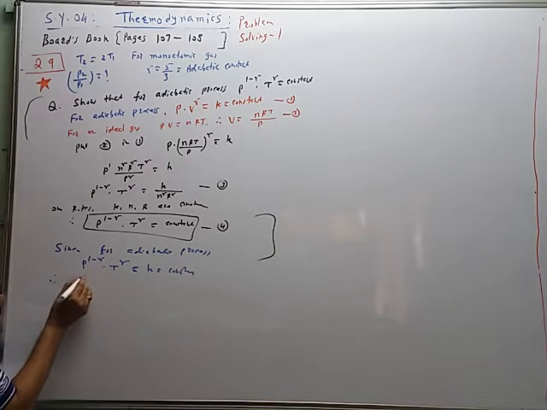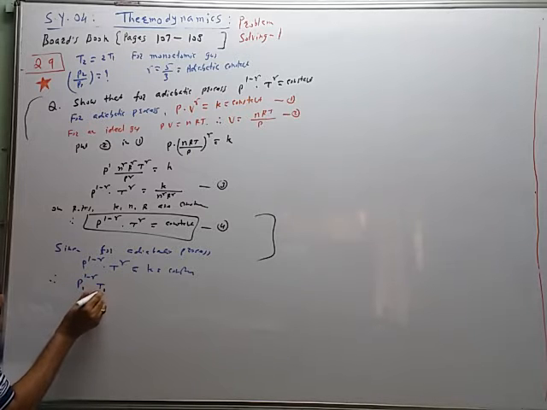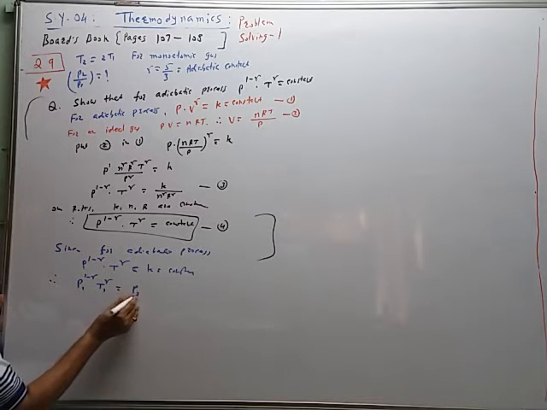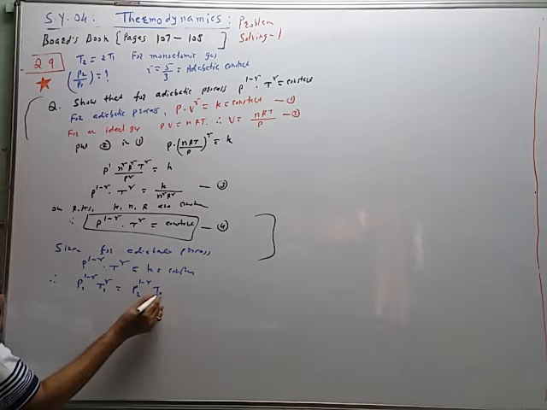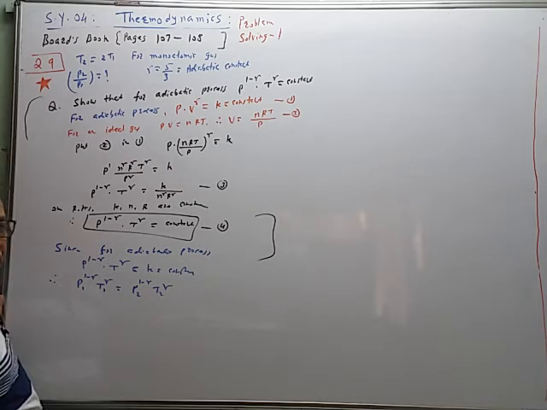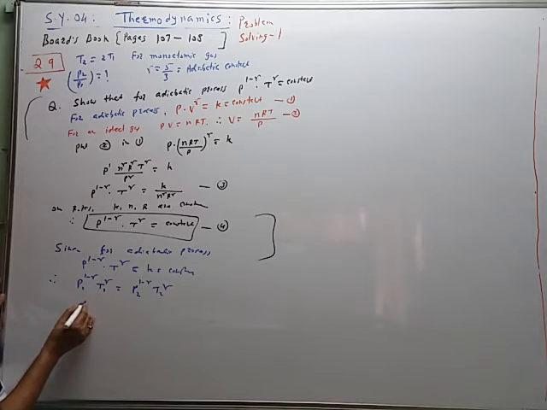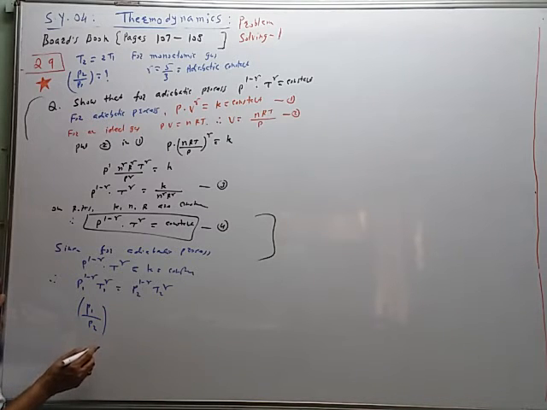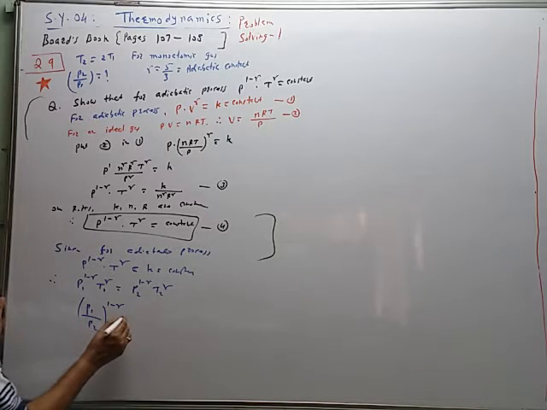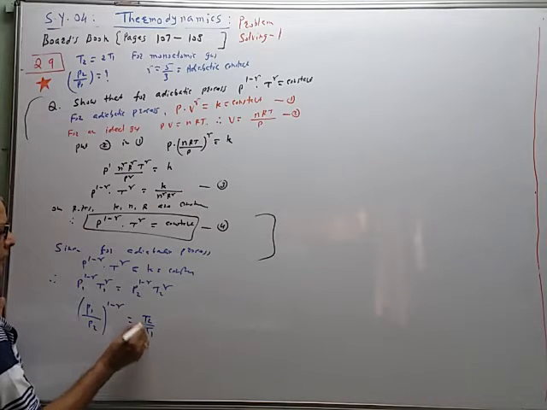Therefore P1 raised to 1 minus gamma, T1 raised to gamma is equal to P2 raised to 1 minus gamma, T2 raised to gamma. P1 V1 is equal to P2 V2. तसे इथे आपण P1 T1 is equal to P2 T2 चा फॉर्म आपण यूज केलेला आहे. So collect the terms of P. So P1 upon P2 is equal to, this is 1 raised to minus gamma, and on this side T2 upon T1 raised to gamma.